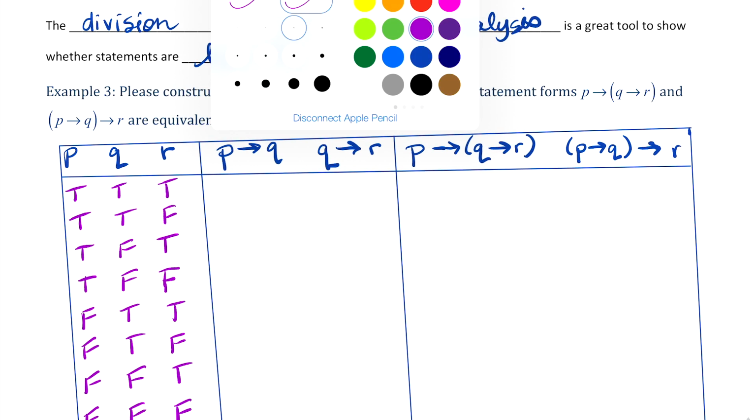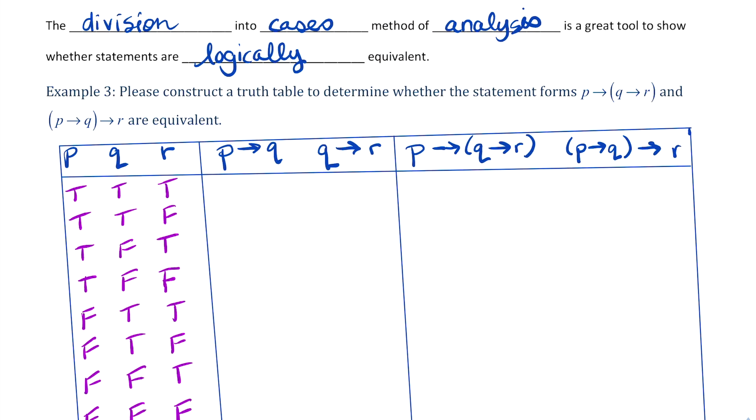All right, so if P, then Q. What we're going to be examining are, if P, so true, true, true, true, true, true. This is the one, remember, true, false is false.